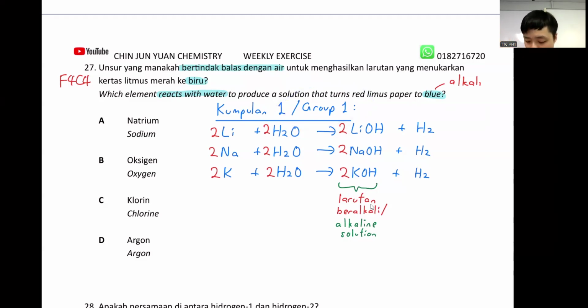If you put them inside water, the water becomes alkaline, forming lithium hydroxide, sodium hydroxide, potassium hydroxide. Put inside water, they show alkaline properties. So in this case it is A, sodium. Simple.